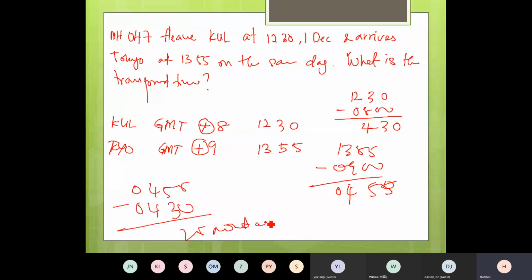This one is not realistic, but this is how it is calculated, because I didn't put the correct time. I just chose the time randomly, so that's why it gets 25 minutes. Okay, understand or not how it goes? I just want to show you how it is calculated.